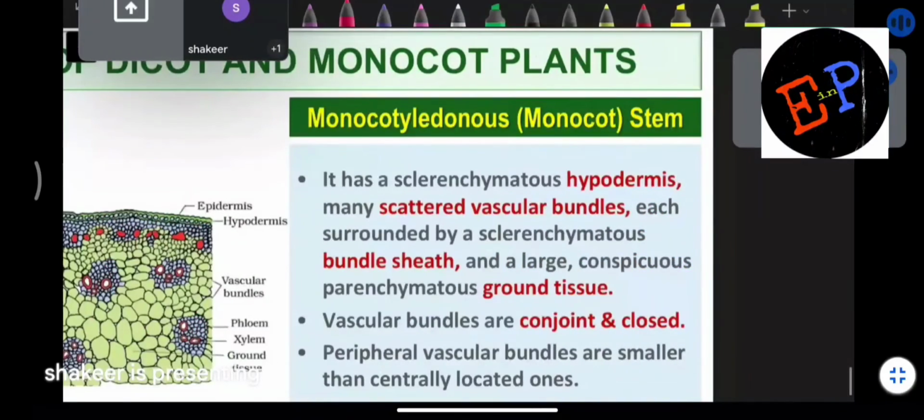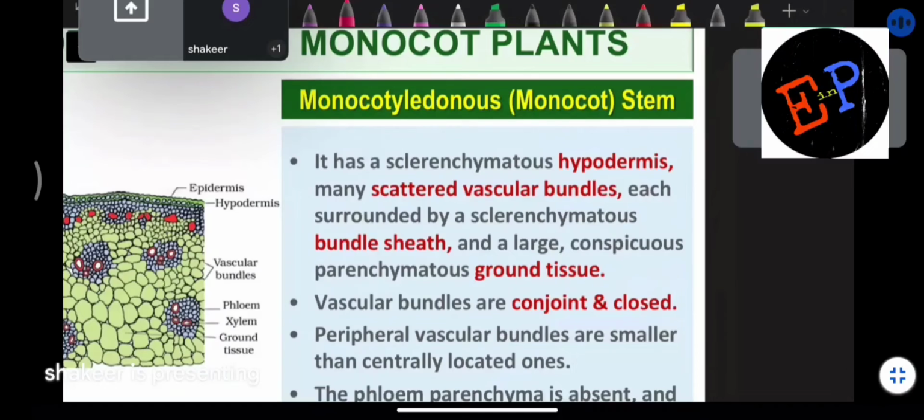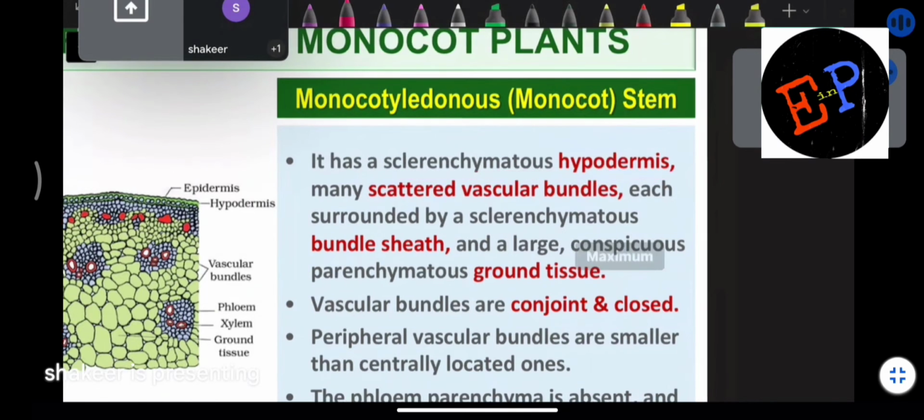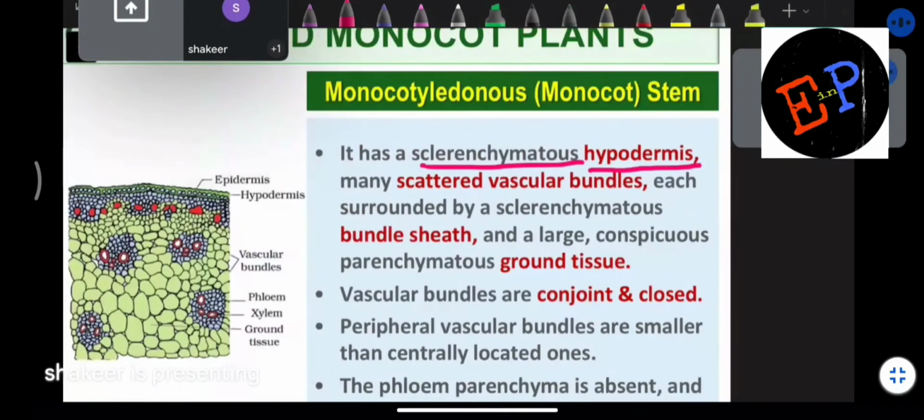Then we are studying about monocotyledonous stems. Dicotyledonous stems we have studied. Now we are studying about monocotyledonous stems. Hypodermis is made up of sclerenchymatous cells. Hypodermis is made up of what? Sclerenchymatous cells. Scattered vascular bundles: vascular bundles are scattered, each surrounded by a sclerenchymatous bundle sheath, and a large conspicuous parenchymatous ground tissue.